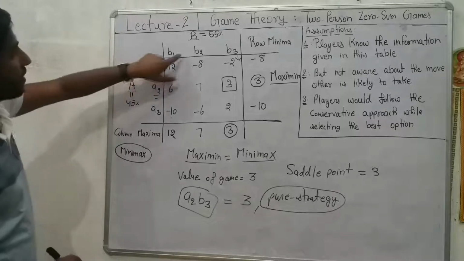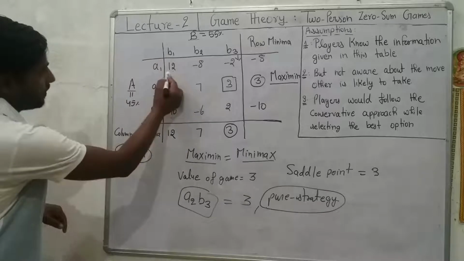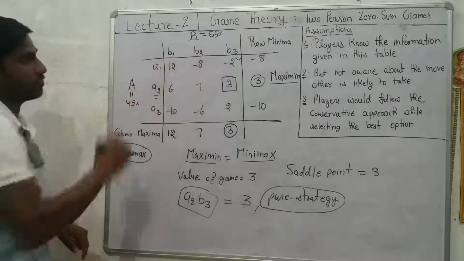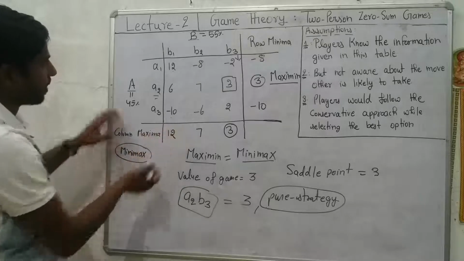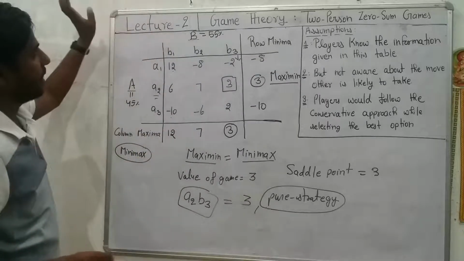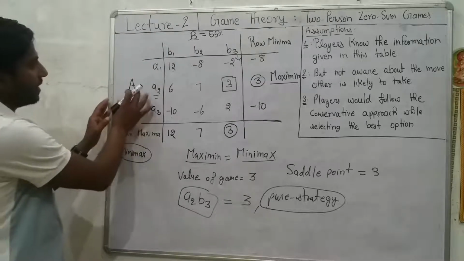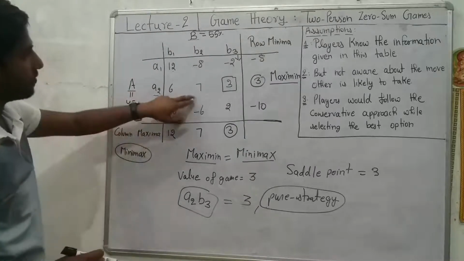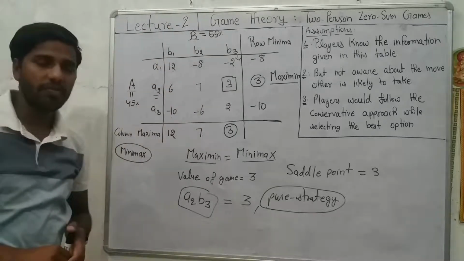What if in counter of B1, A adopted the A1 strategy? Then B would lose 12% of market share. Similarly, if B has adopted the B2 strategy, then in counter of that, A can adopt A2. Then what would be the loss for B? It would be equal to 7% of market share.